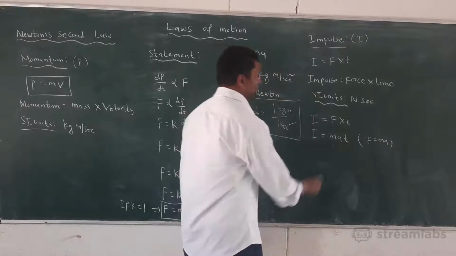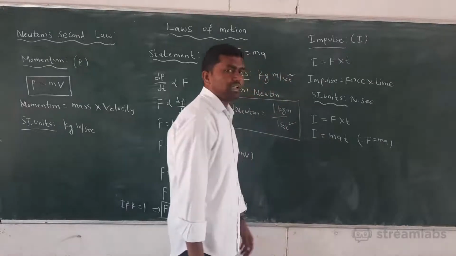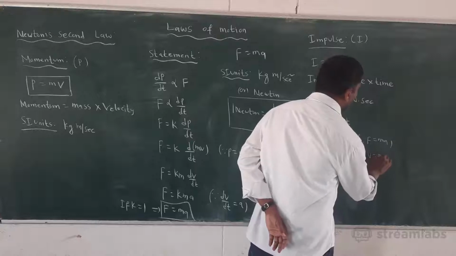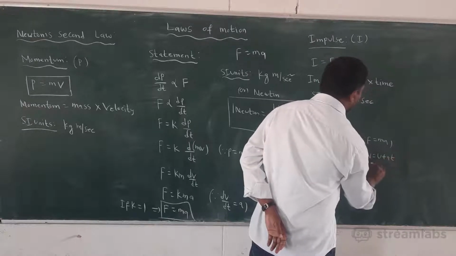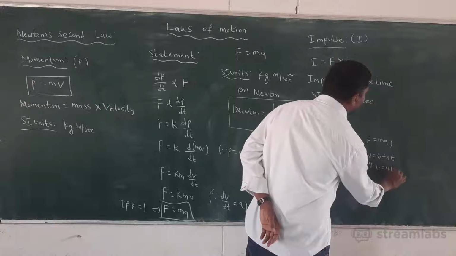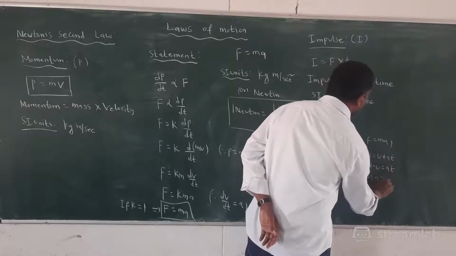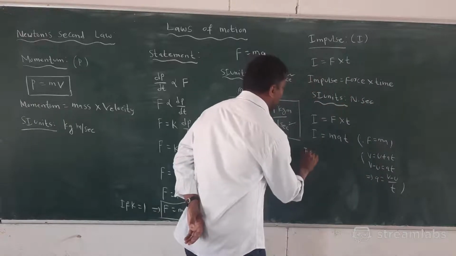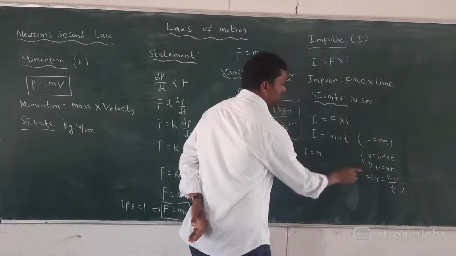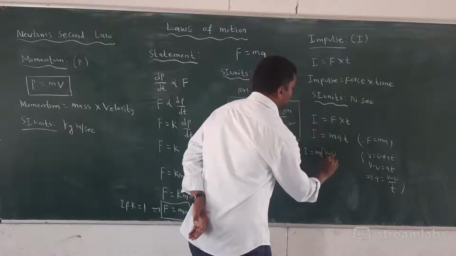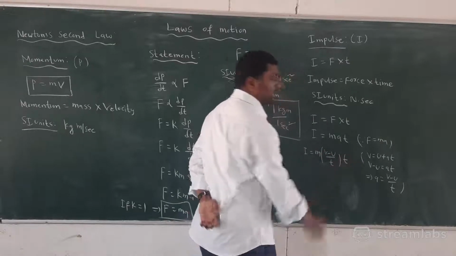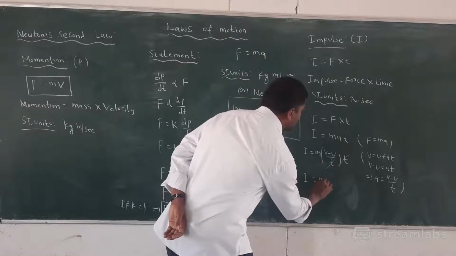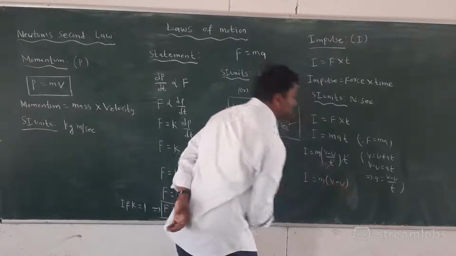Next, for the value of A, we use the first equation of motion: V is equal to U plus AT, so V minus U is equal to AT, which implies A is equal to V minus U by T. So I is equal to M times V minus U by T into T. The T will be cancelled. So I is equal to M into V minus U.